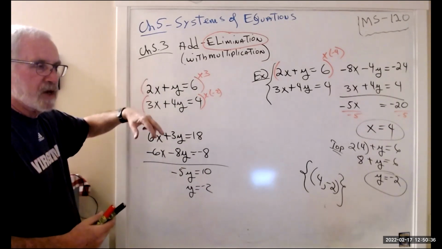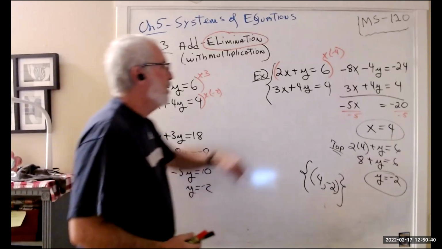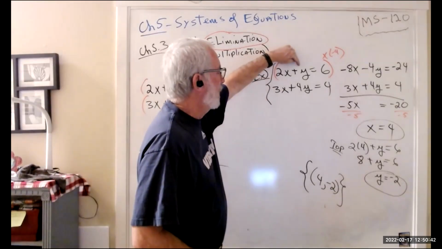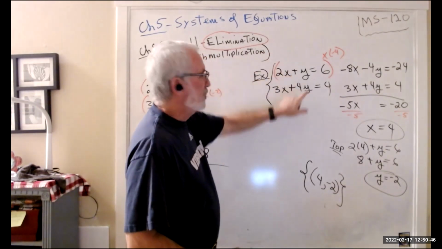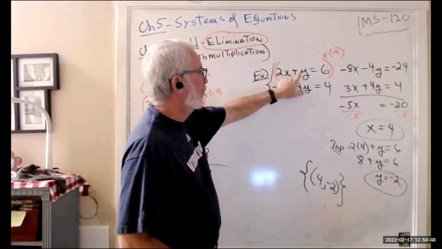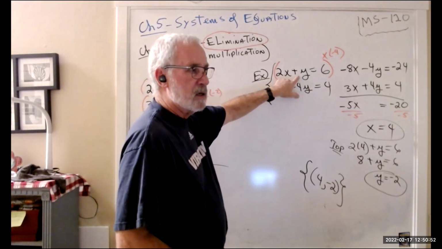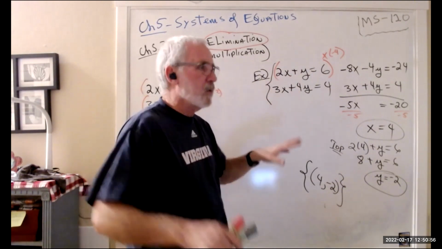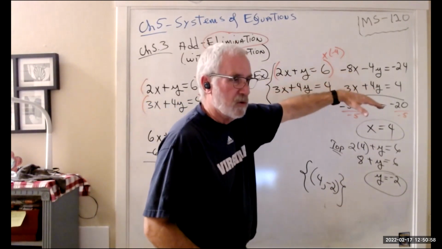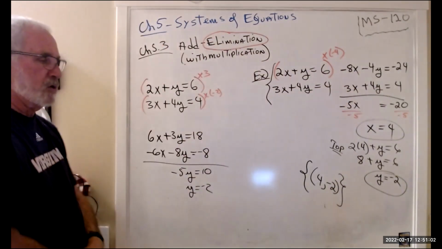One's a positive, one's a negative. So I made them into 6 and -6. Or here, I wanted to make the y's opposites of each other. So this was already a 4y. So I said, if I can make that into a -4y, then they'll drop out. And I don't care what happens with the rest of the numbers. If I can make one variable drop out, that's all I wanted to do.